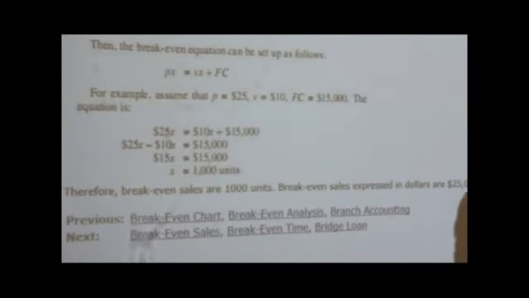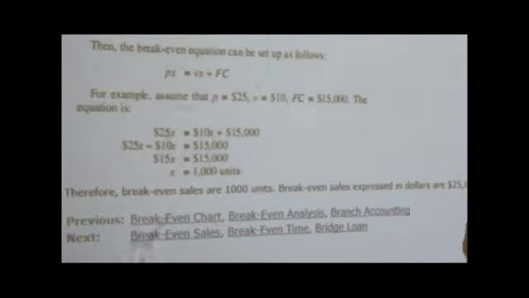The total fixed cost of doing business was $15,000. So it'll take you 1,000 units to break even. You have to sell 1,000 mop buckets just to get your money back for how much you invested.